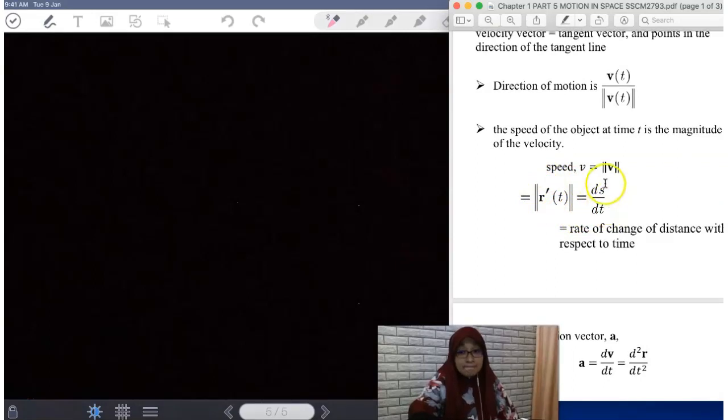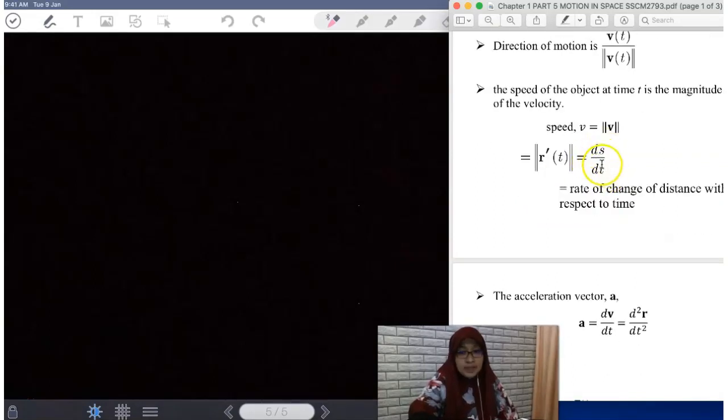And also ds over dt, which you will learn later. To compute the speed, you can also use ds over dt, because speed is not a vector function. It is just a value. That's why ds here is not a vector. The s is something that I will explain later. Then you find the derivative, so that is also speed.